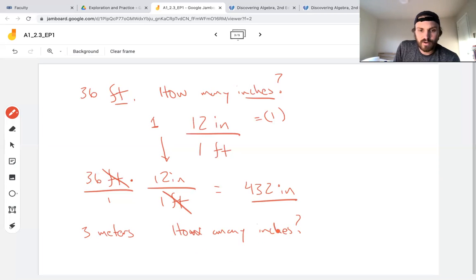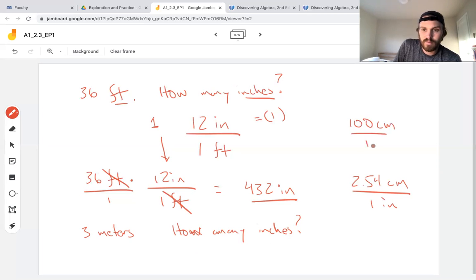Well, I don't know the conversion between inches and meters, but I do know that there are 2.54 centimeters in 1 inch. And I also know that there are 100 centimeters in a meter. So this fraction is equal to 1. This fraction is equal to 1. And because I know these things are true, I should be able to get from 3 meters to inches.